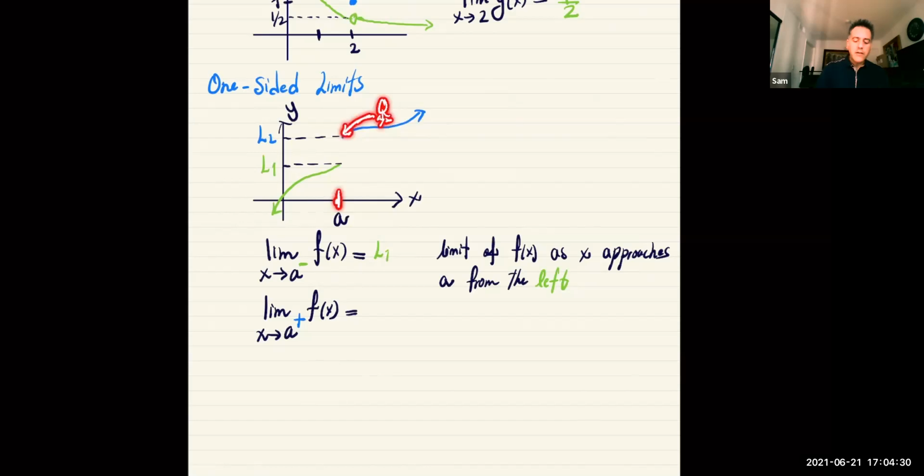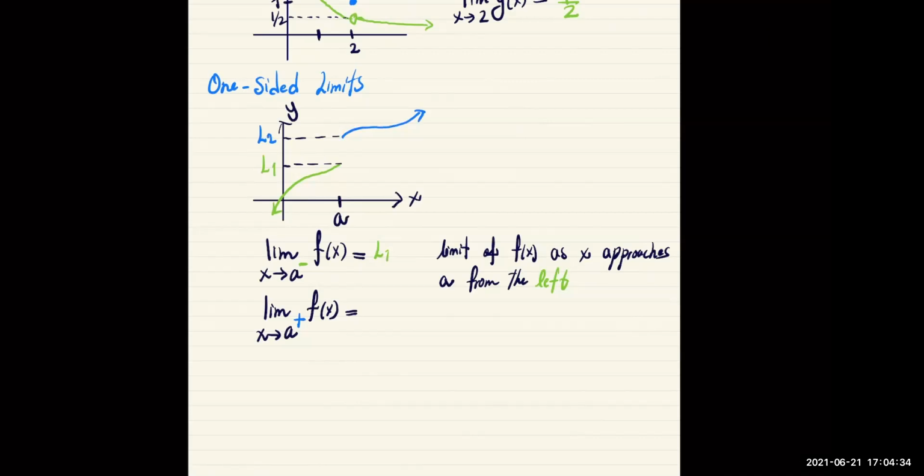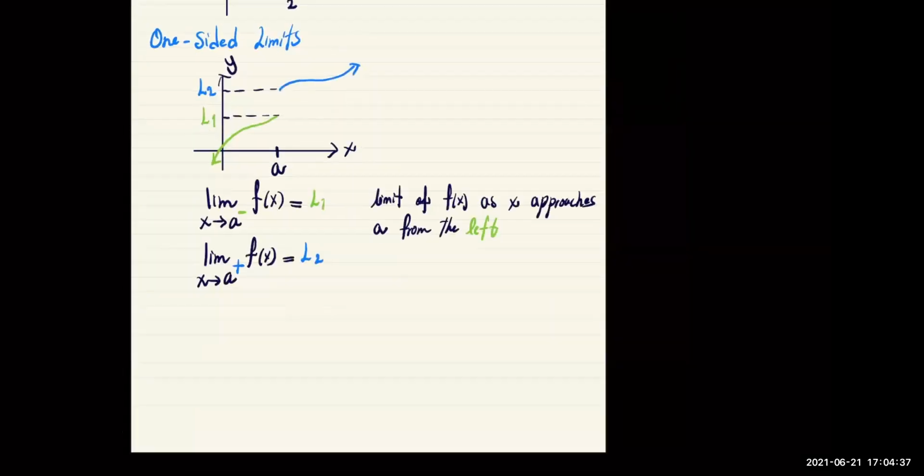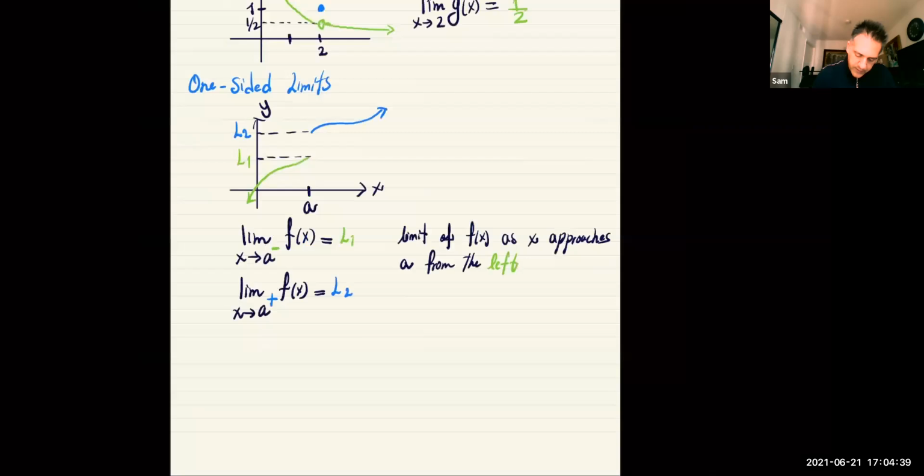That's what it is, L2. That limit is L2. Okay, but again, we read this as the limit of f of x as x approaches A from the right.